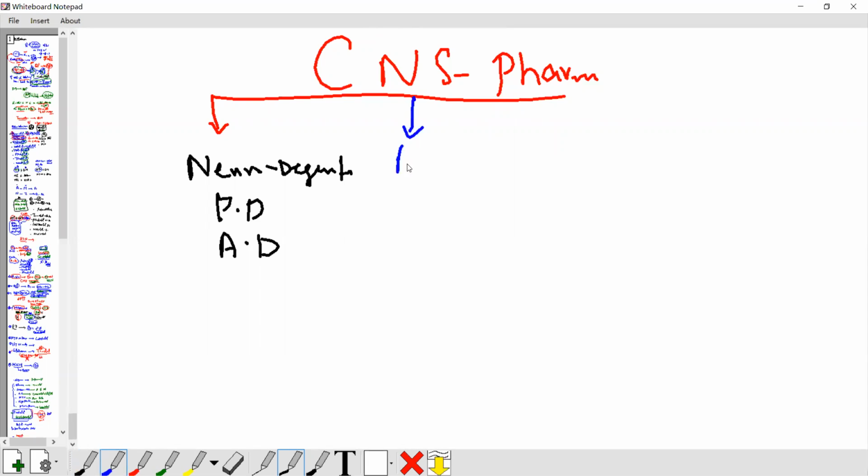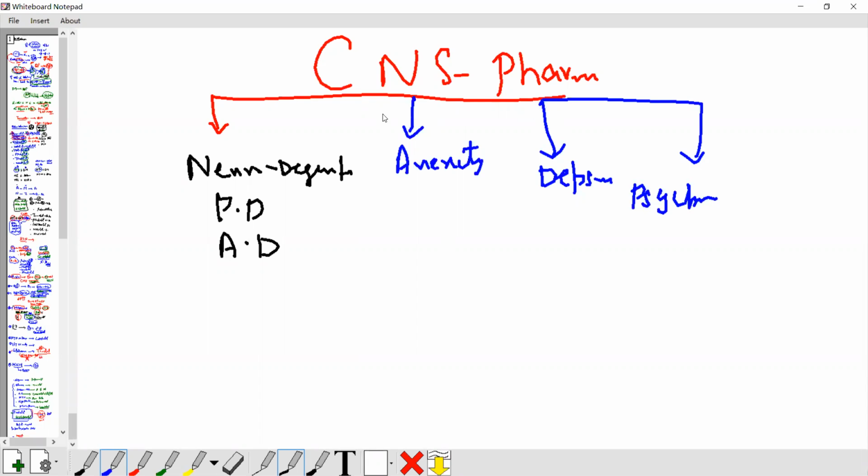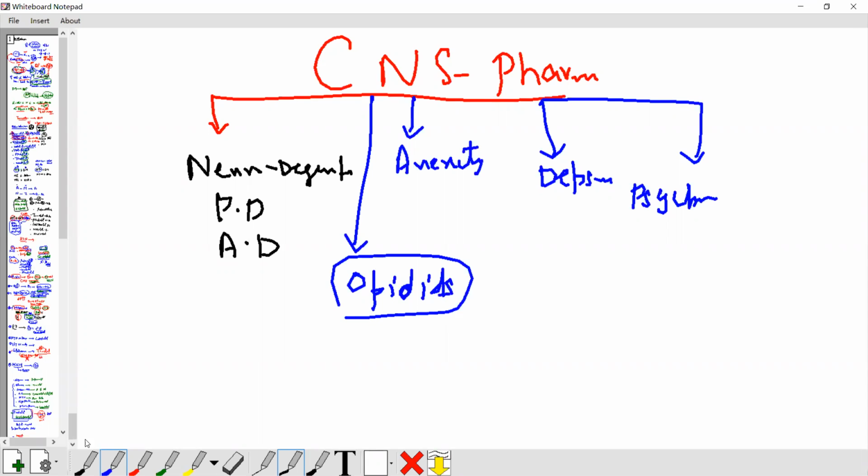drugs used for anxiety, drugs used for depression, drugs used for psychosis, and drugs working like opioids, painkillers, opioids, another group of drugs used for epilepsy.